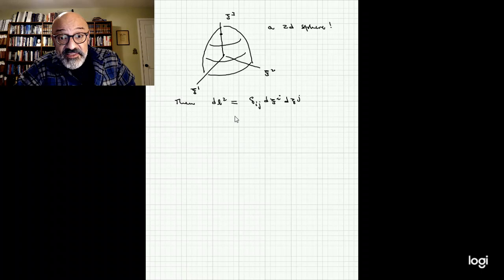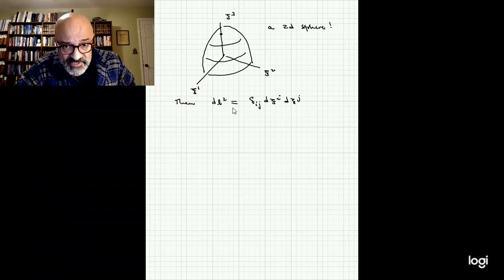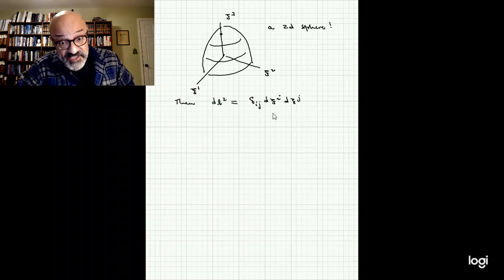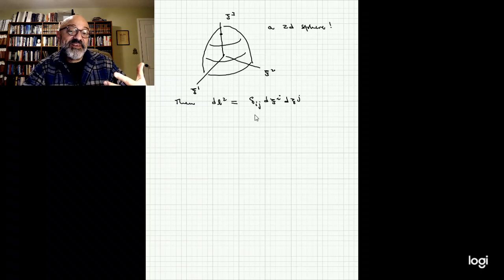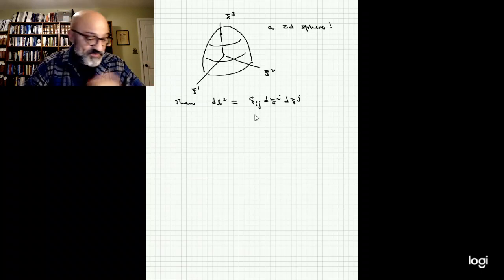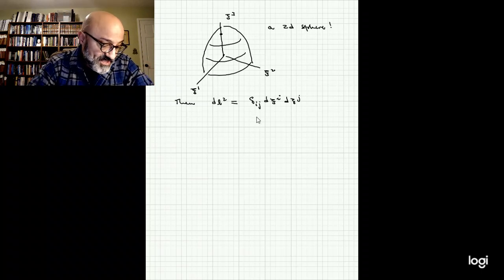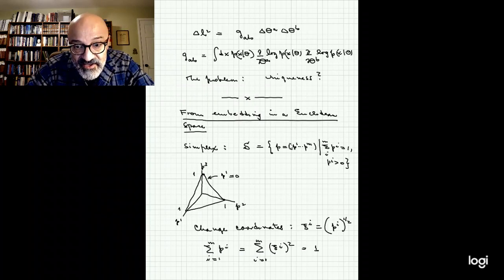I have derived this from the assumption that the space ξ1, ξ2, ξ3 is flat and Euclidean. I made the assumption. Okay, so I'm not proving anything. I'm just telling you different features of this information metric, for the particular case of these probabilities on the simplex.